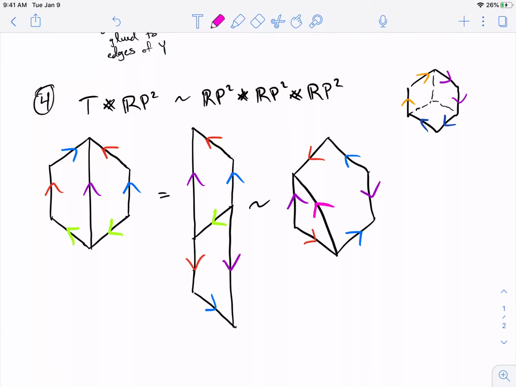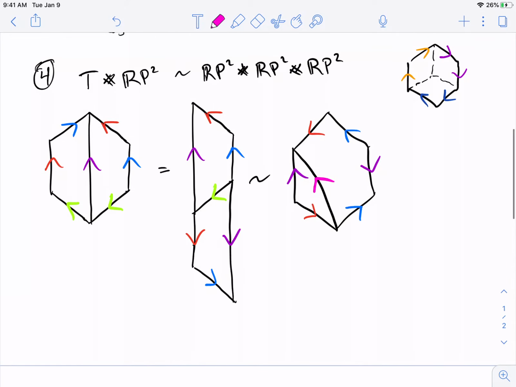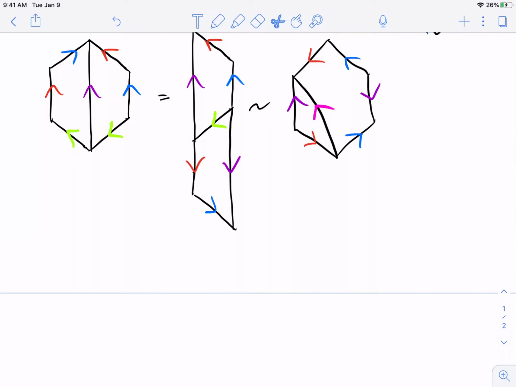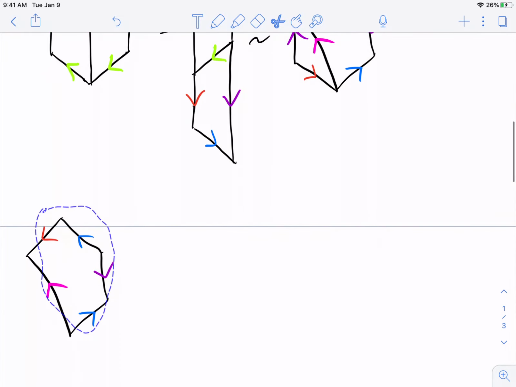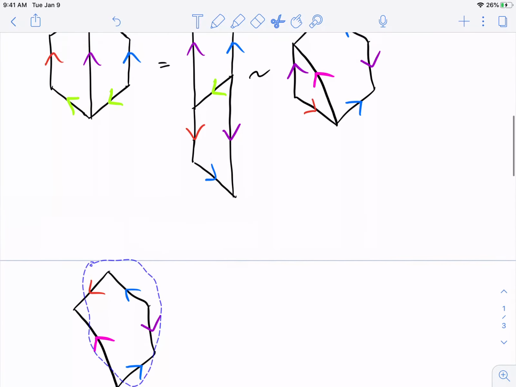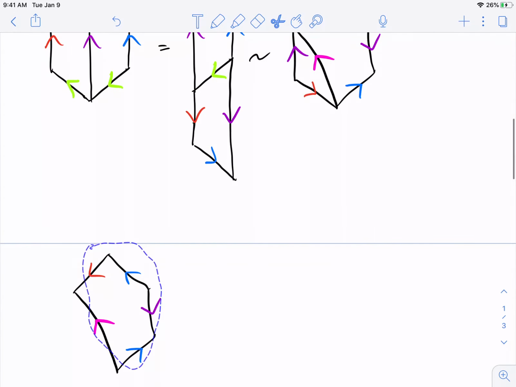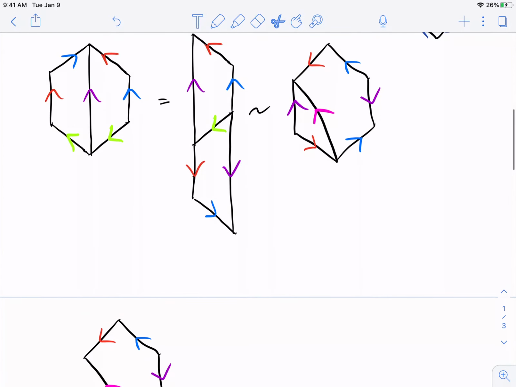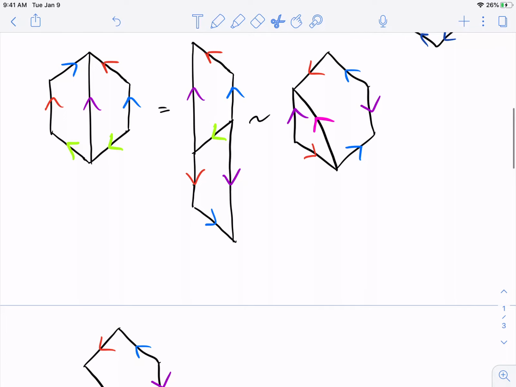And so I'm going to separate these 2 pieces and then glue the reds together. And so if I do that, I get this figure. And the other one I have to flip over to glue the reds together again.